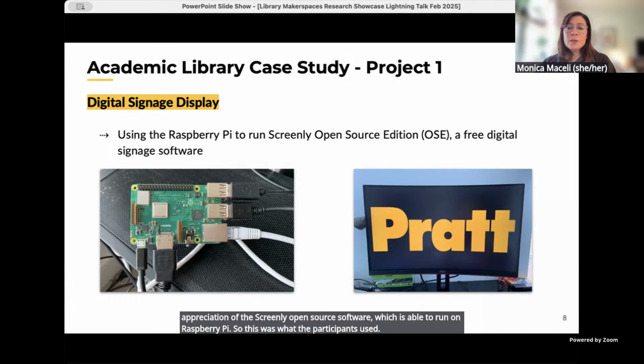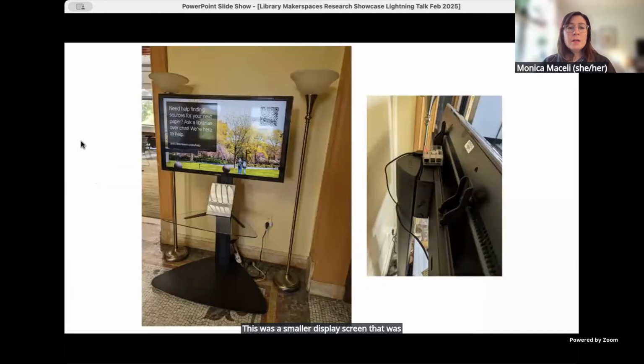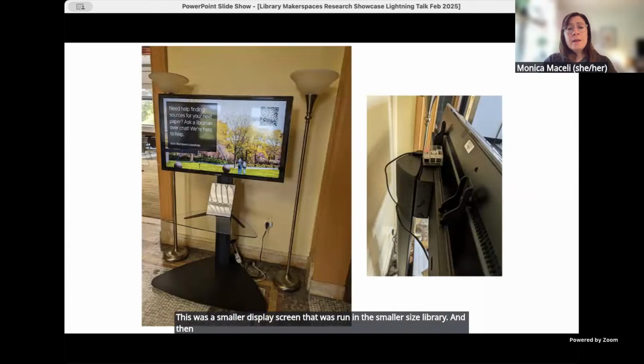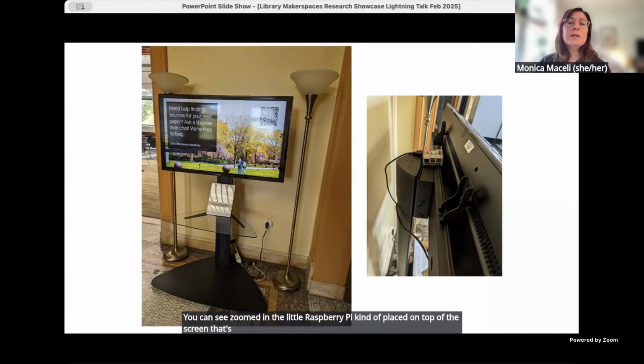This was a smaller display screen that was run in the smaller size library. And then in the main library, there was a pretty nice setup with running a larger display screen placed near a passageway, so with a lot of foot traffic in that area. On the left of the screen, you can see the screen in place and in use, and on the right, you can see zoomed in the little Raspberry Pi placed on top of the screen that's actually operating the display software.